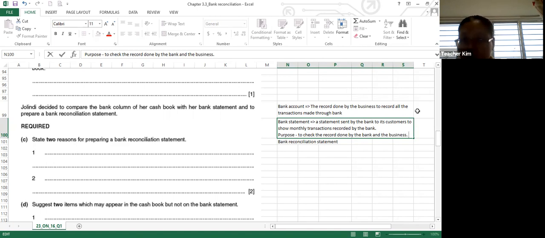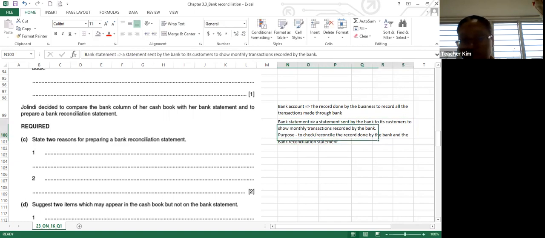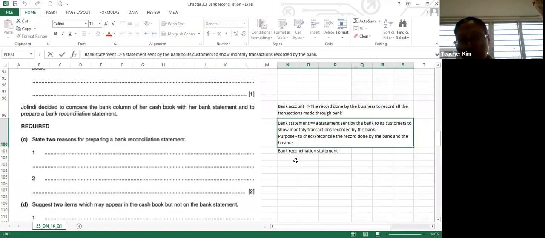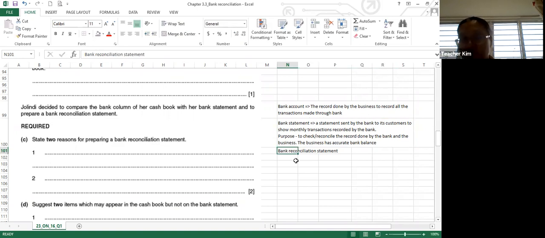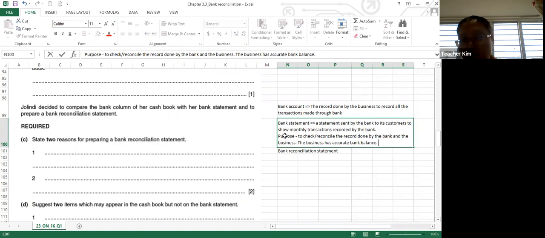That is the purpose that they want to send it out, and also for the business to check or to reconcile so that the business has an accurate bank balance, and also in case there is an error by the bank, to update the bank if any error was made by the bank.